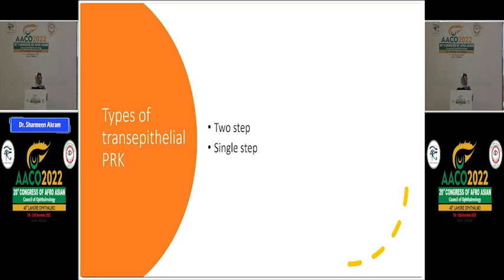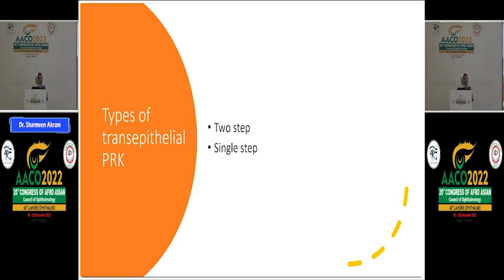The difference is that in the two-step laser, we first use a platform, which is the PTK platform, and that is used to remove the epithelium. Following this, the laser charges again for the refractive platform, which could be wavefront optimized.